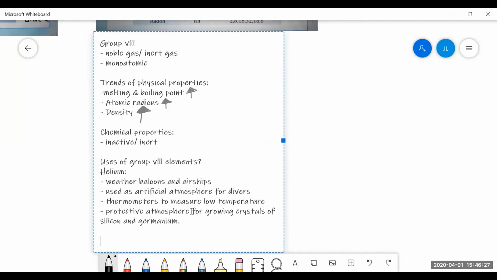So for neon, neon is used to fill advertisement light bulbs.